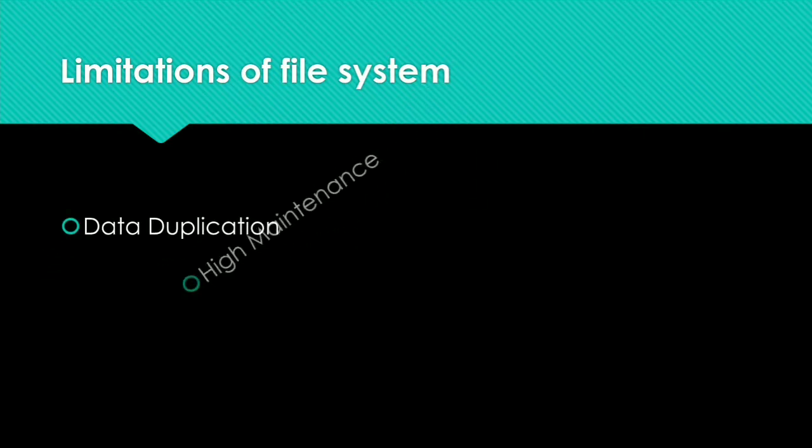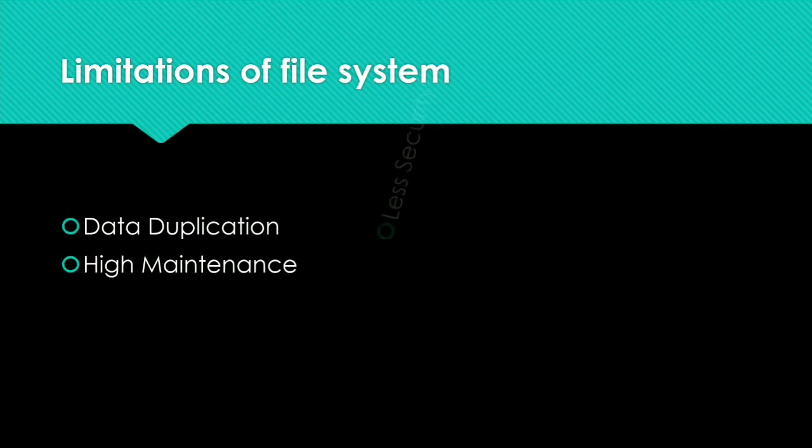Now let us see the limitations of file system. The very first drawback of file system is data duplication, and then high maintenance, and the last one is less security. While creating folders and saving files, sometimes we save the same file in multiple places. That is what is called data duplication.